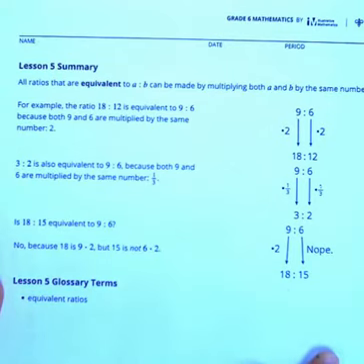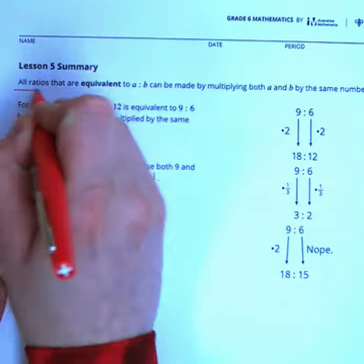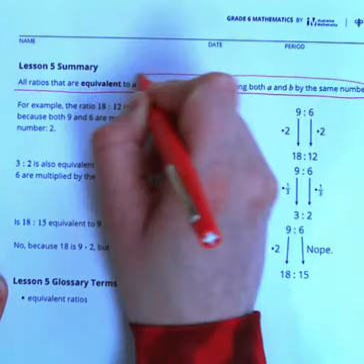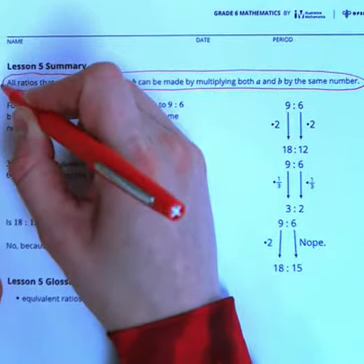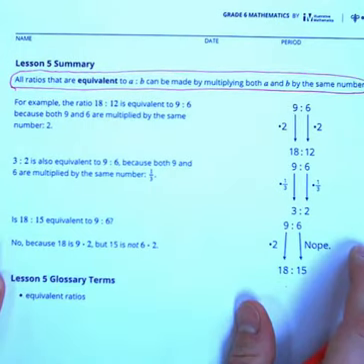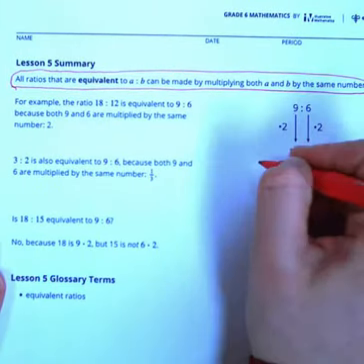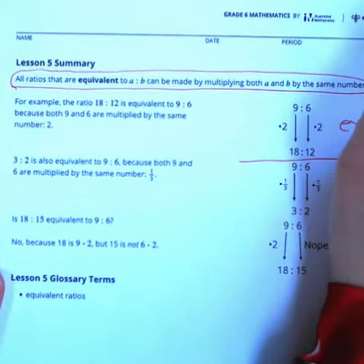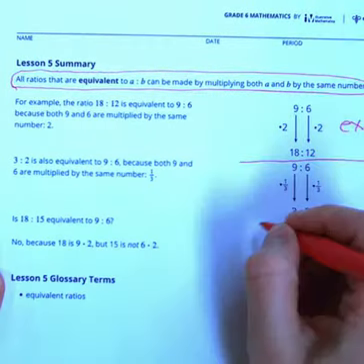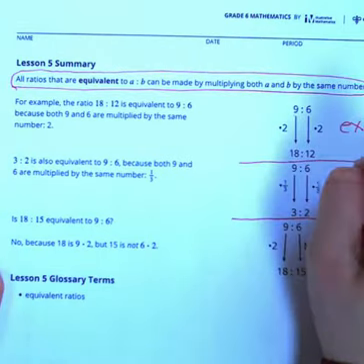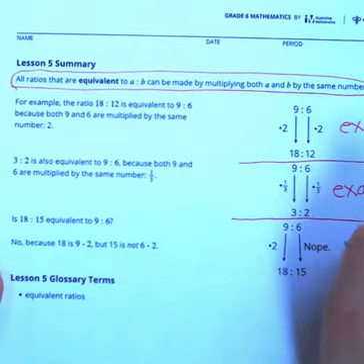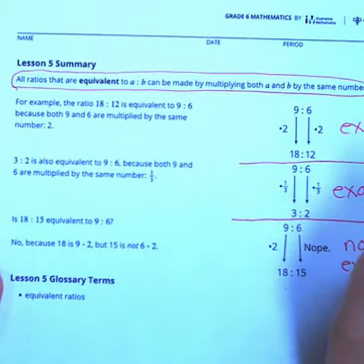all ratios that are equivalent to A to B can be made by multiplying both A and B by the same number. This is the most important thing for today. Okay, here is an example. Okay. Here is another example. Here is a non-example.